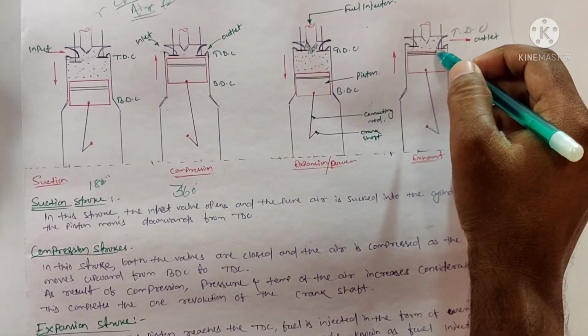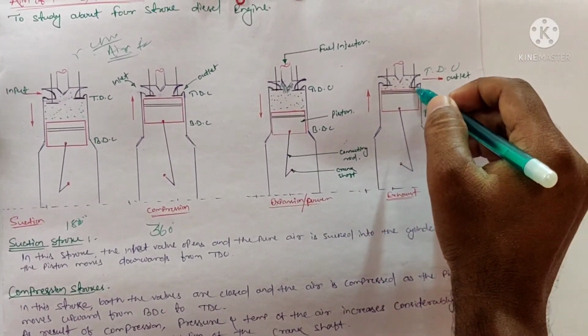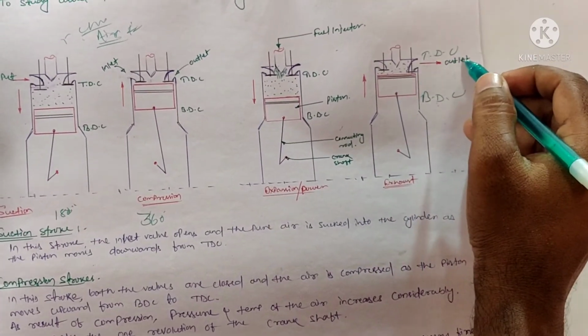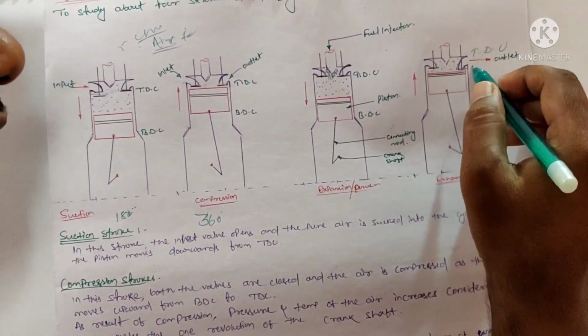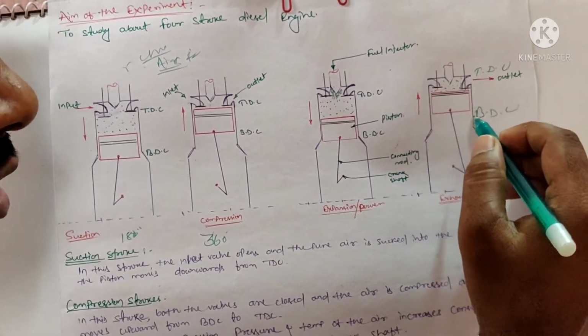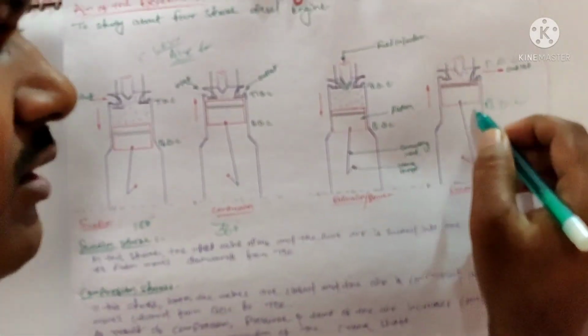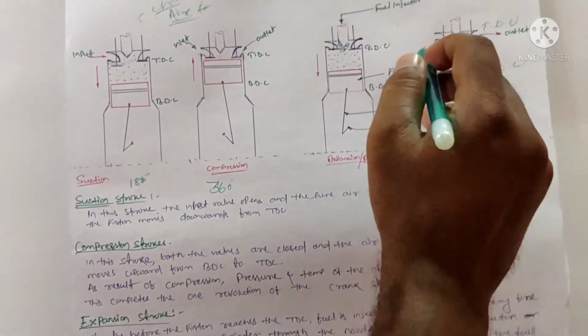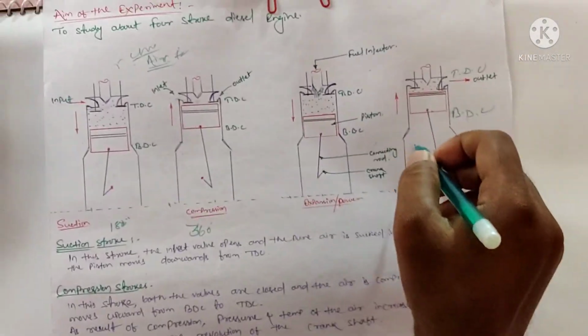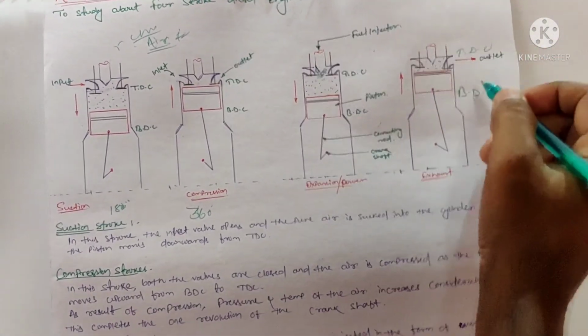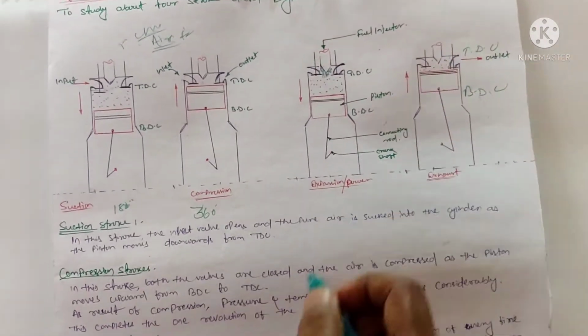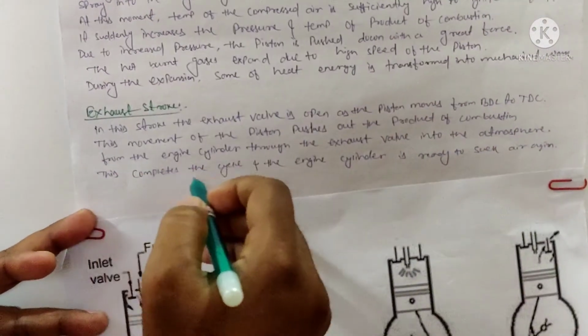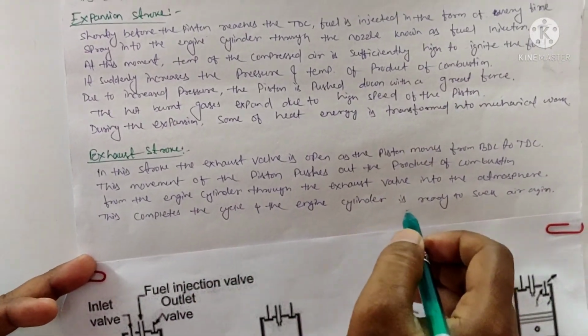That's why the burnt gases go outside to the atmosphere through the outlet valve, because the piston pushes them as it moves from BDC to TDC. So this completes the cycle of the engine cylinder.